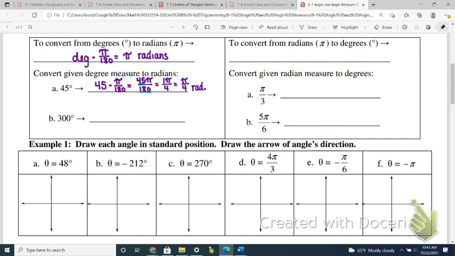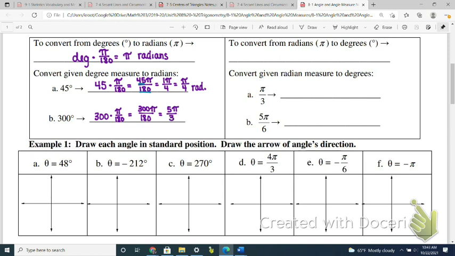Hopefully you paused the video and you've tried the 300 on your own, so let's take a look at it. 300 times pi over 180. So I get 300 pi over 180. And we need to reduce, so 300 divided by 180 ends up getting me 5/3, so it's 5 pi over 3.